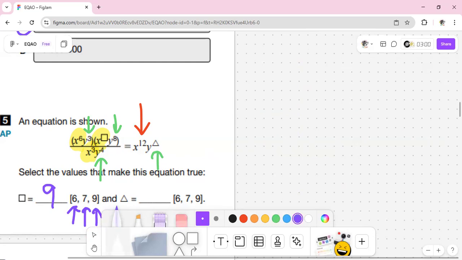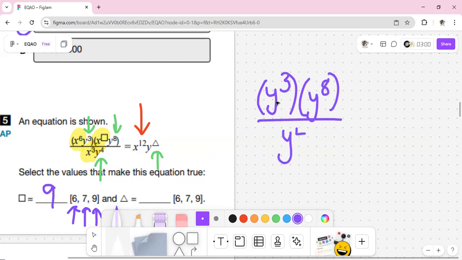So y to the power of 3 times y to the power of 8 divided by y to the power of 4. Just like before, I'm going to keep my base the same, add my powers, and then divide by y to the power of 4.